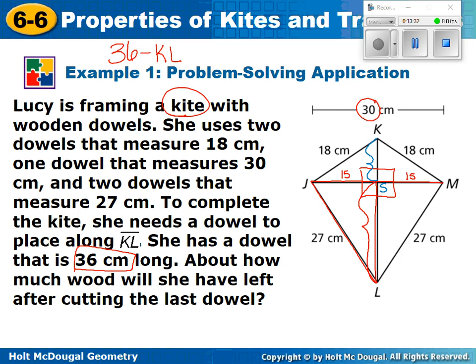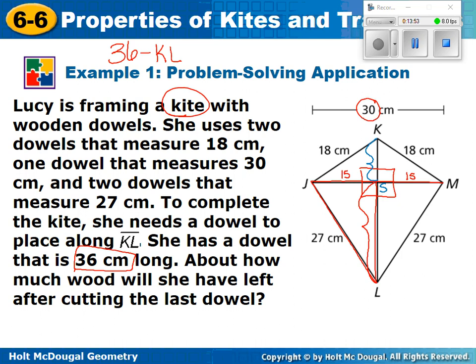What has to go in for c? 27. And then 15 squared plus, and I'm just going to call this x. So what's 15 squared? 225 plus x squared equals, what's 27 squared?